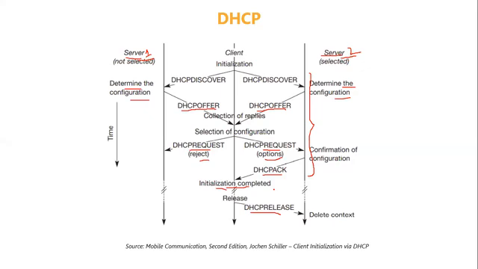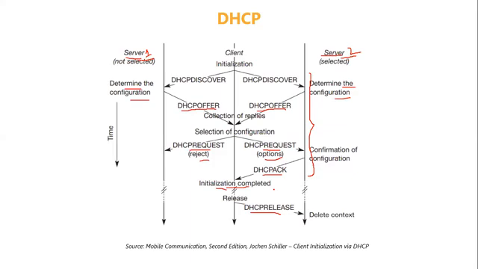If it expires, the client should again reconfirm. Otherwise, the server will free the configuration. This timeout is required because sometimes the client may crash or move away without releasing the context. So this is how DHCP works.